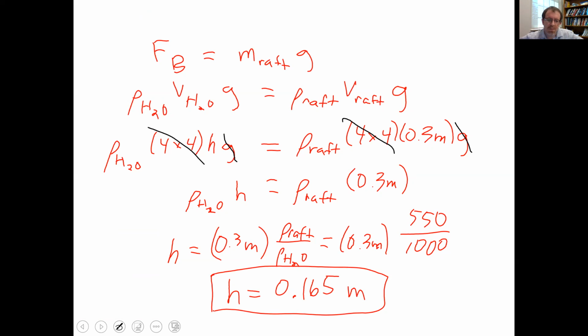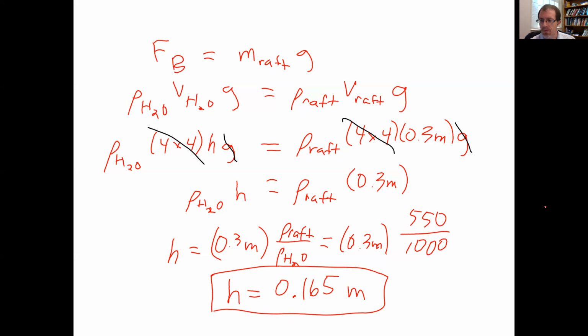If we stare at this a little bit, we'll realize that 55% of the raft is submerged. It's the ratio of the densities of our raft and the water. So 0.165 meters is our answer to this particular example problem.